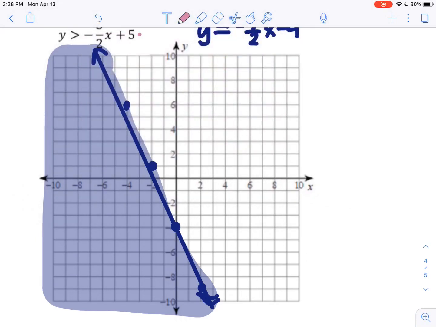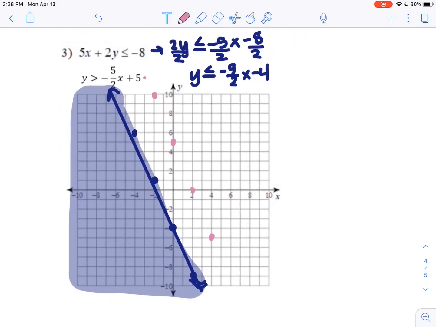Okay, then I'm going to graph this line in pink. So starting at positive 5, I'm going to go down 5 to the right 2, or I could go up 5 to the left 2. Okay, so this one is a dashed line.